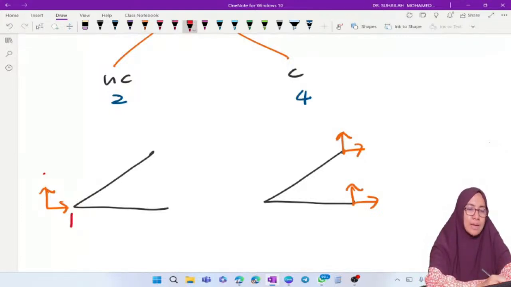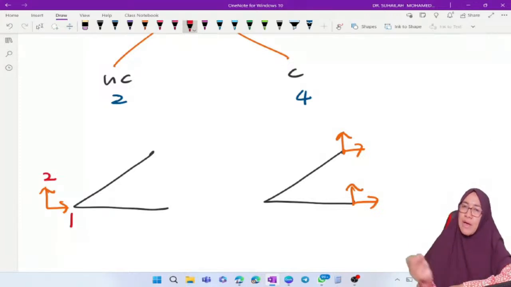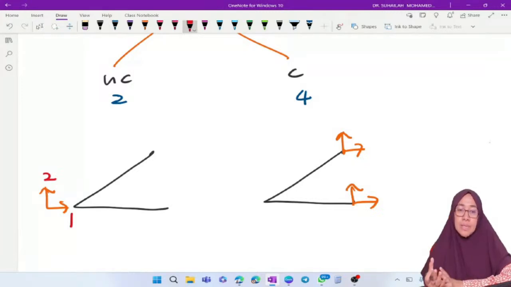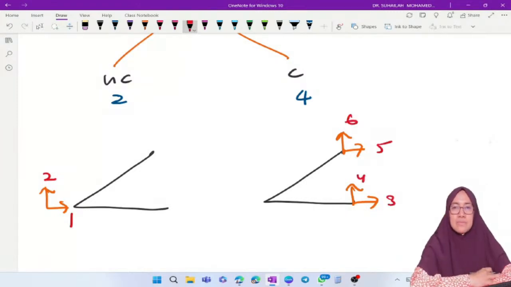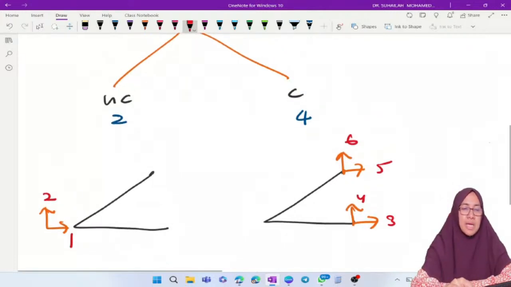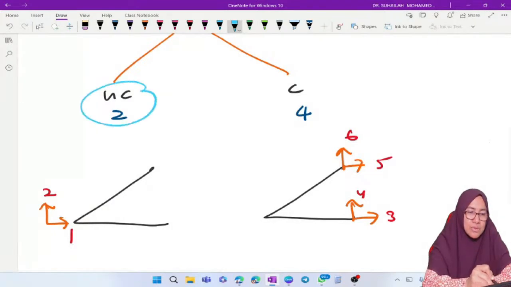So label 1, 2. We have to label unconstrained first. When we label, we have to label 1 from the unconstrained system. It is advisable not to label 1 from constraint, because in unconstrained there are unknown displacements. So this is 3, 4, 5, 6. We must label unconstrained first.